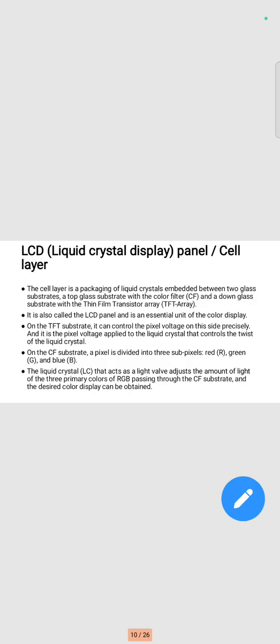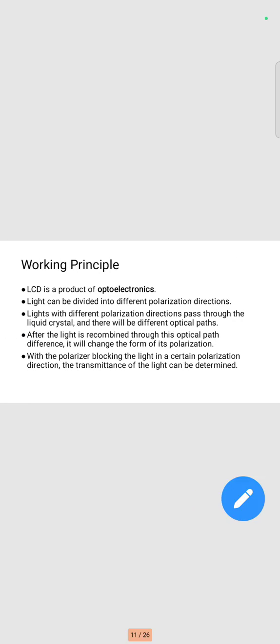Okay, then next one, working principle of this LCD, how it works. LCD is a product of optoelectronics. What is optoelectronics? It's the branch of electronics that deals with devices that convert electrical signals into light and light into electrical signals.